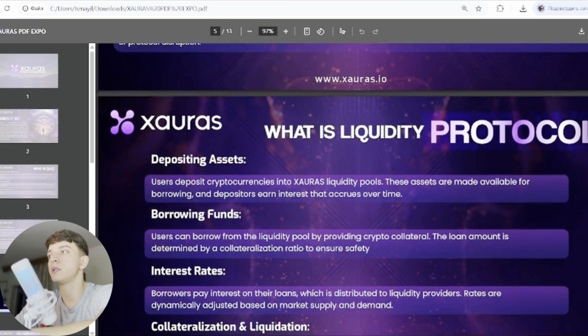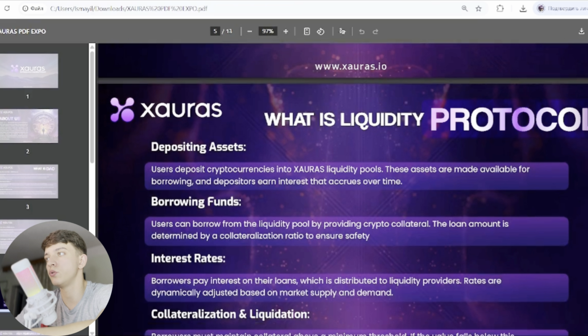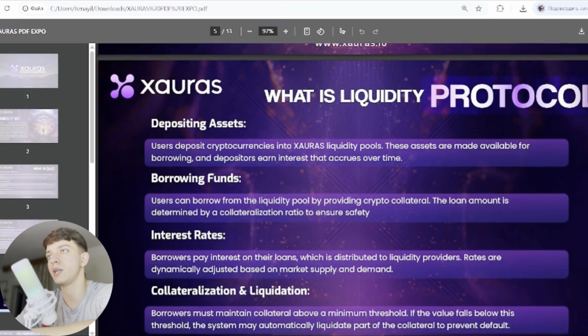So what is a liquidity protocol? There again is the explanation. Depositing assets: users deposit cryptocurrencies in the Xauras liquidity pools. These assets are made available for borrowing, and depositors earn interest that accrues over time. Borrowing funds: users can borrow from the liquidity pool by providing crypto collateral, and the loan amount is determined by a collateralization ratio to ensure safety.